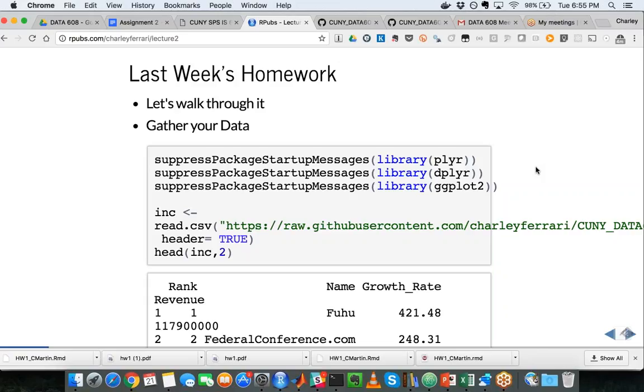All right, so we'll just get started going over last week's homework. I think everyone did a really good job with this week's homework. As you could see with these assignments, part of the assignment is learning how to use the library in the environment that we're working in. But part of it is also thinking about how to take a question and answer it using a visualization.